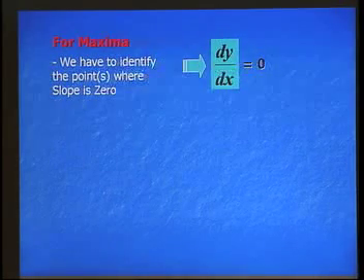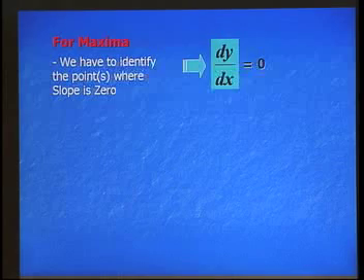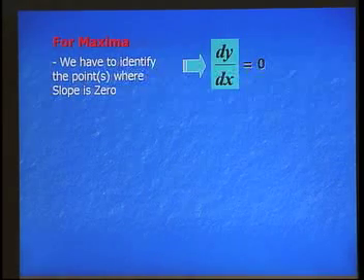I said earlier that in order to find the slope at any point of a function or line, we use the first derivative, and in order to know the change in slope to the next point, we calculate the second derivative. On the basis of this first derivative and second derivative, we can explain the properties of maxima and minima. For maxima, we have to identify the points where the slope is 0 by putting 0 for the value of the first derivative.